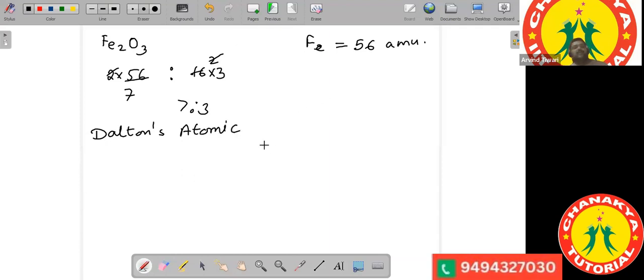That every time we are not measuring just the number of atoms, but we are measuring. There was someone's mic on, and that's why I was getting an echo. So Dalton's atomic theory. We will see some of the key points of Dalton's atomic theory.